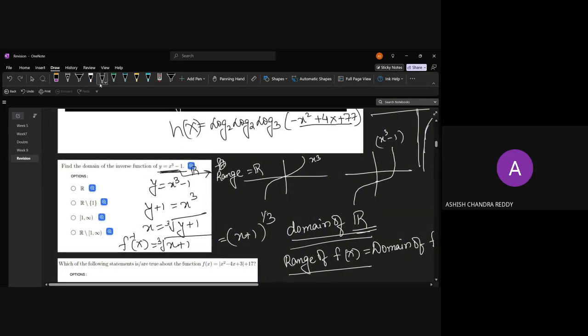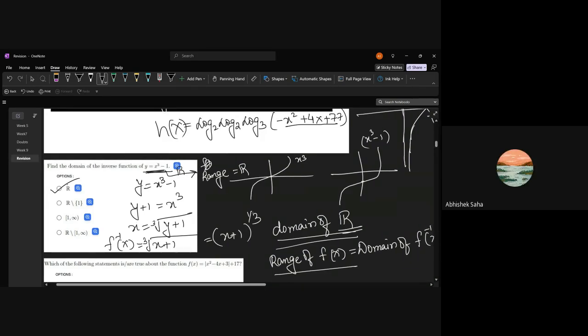Sir, can you explain this concept of graph shifting downwards and sidewards? I am confused. So if you add some constant or subtract some constant, the graph will move along the y-axis. Or there is one simple way. This is point 0 comma 0, right?